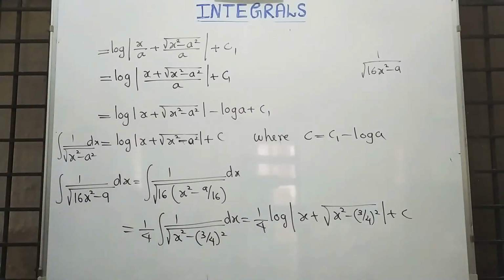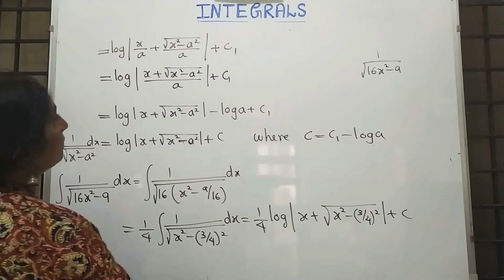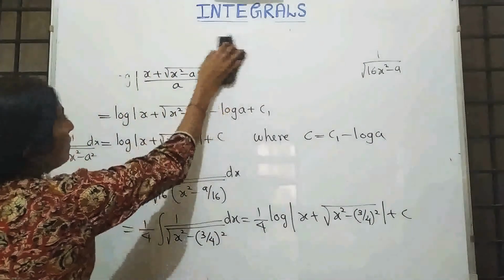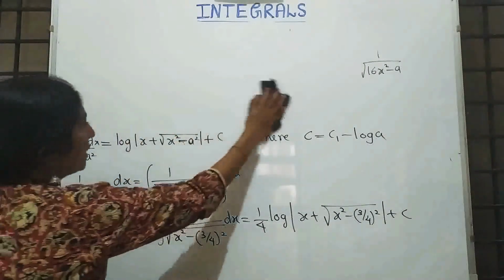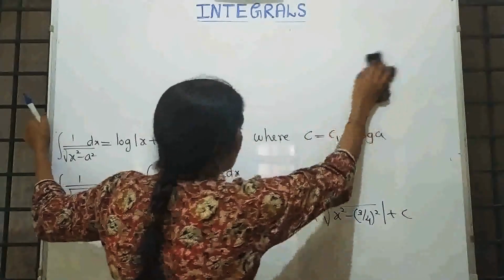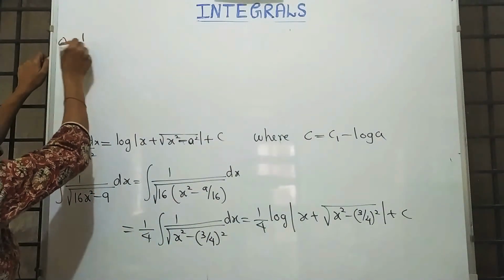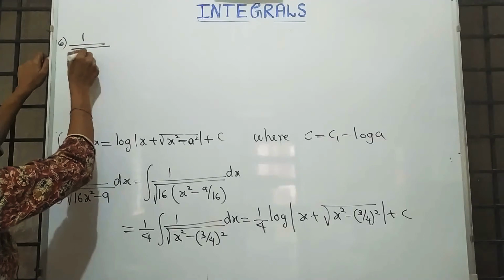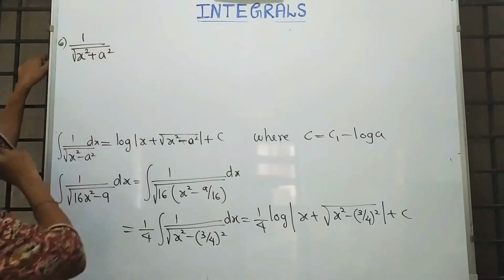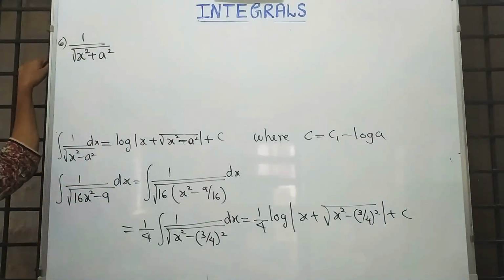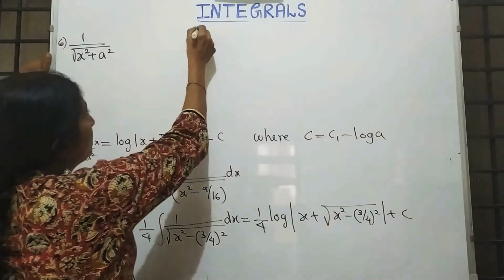This is the fifth one. Sixth one is what? Find the integral of 1 upon root of x square plus a square with respect to x.